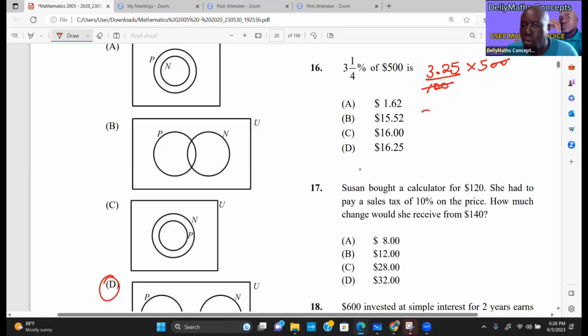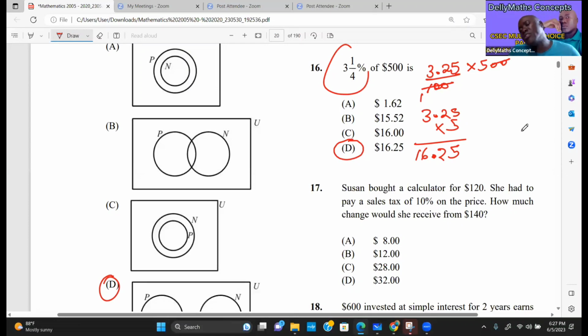Now you're left to multiply 3.25 times 5. 5 times 5 is 25. 5 times 2 is 10, and 2 is 12. Carry the 1. 15 and 1, 16. How many decimal places? 2. My answer is 16.25. Even though it looks weird, you can easily go there.